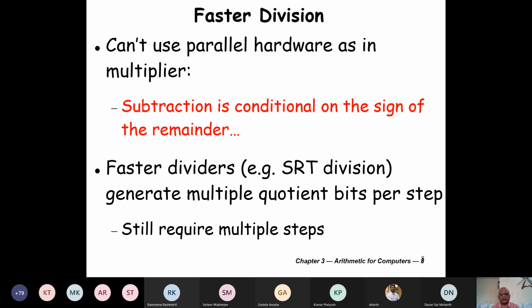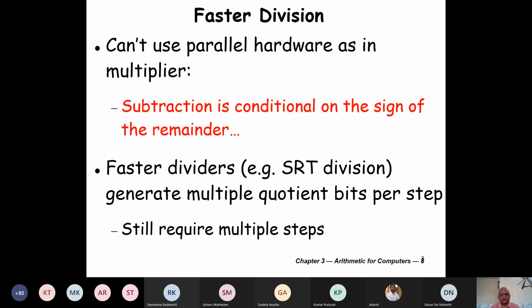Remember in the multiplication case, we observed the product bits and could find out how to get the product bits in parallel based on the two operands. By doing some operations on the operands, we could get the different bits of the product in parallel. But here we can't do that because of this conditionality of the result of the subtraction.